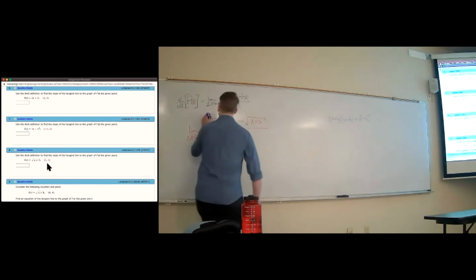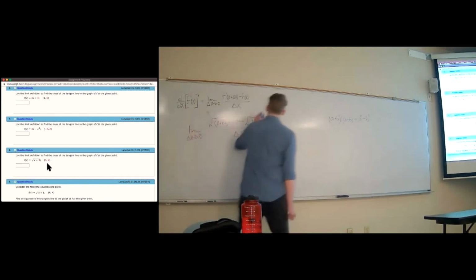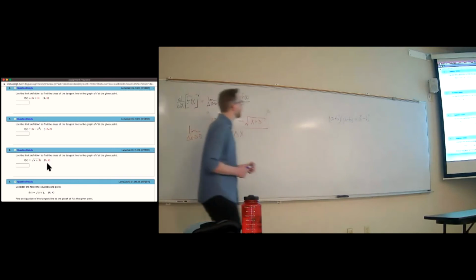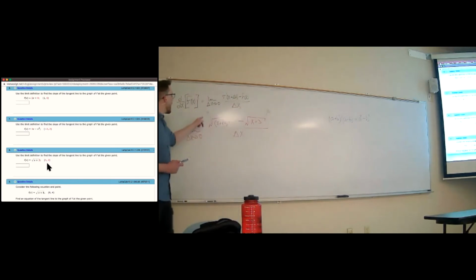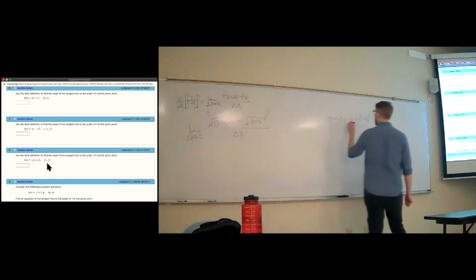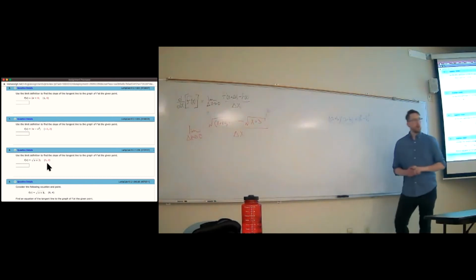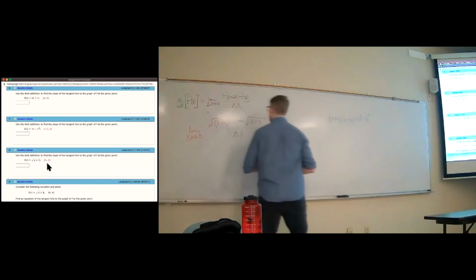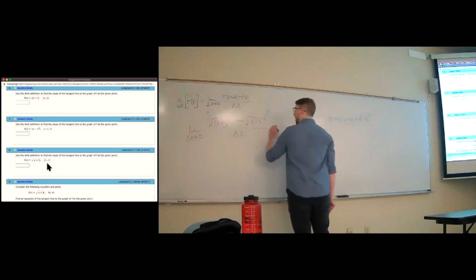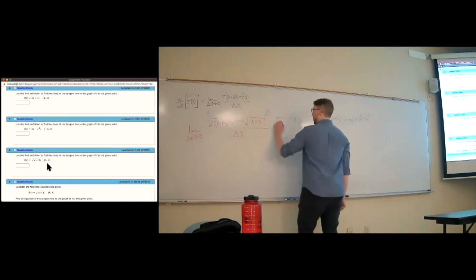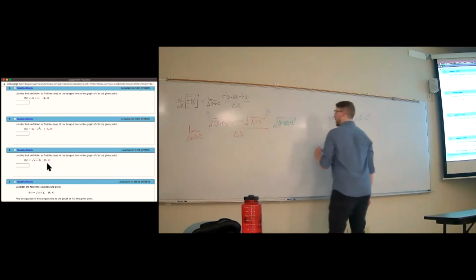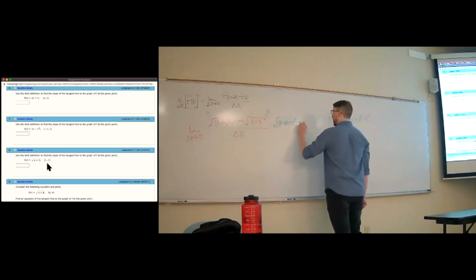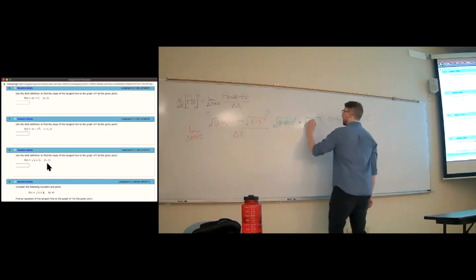So if we call this A, and we call this B, that's like A minus B. It gives us this part, right? So why don't we multiply that numerator by A plus B? Since we already have A minus B, multiply this by the square root of x plus delta x plus 3, that quantity plus the square root of x plus 3.